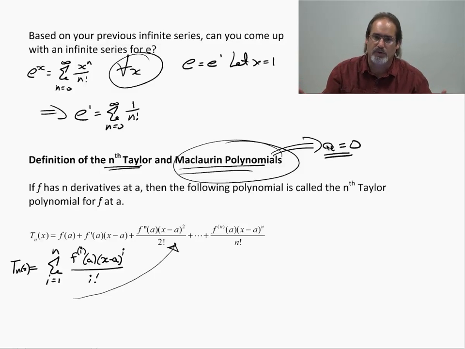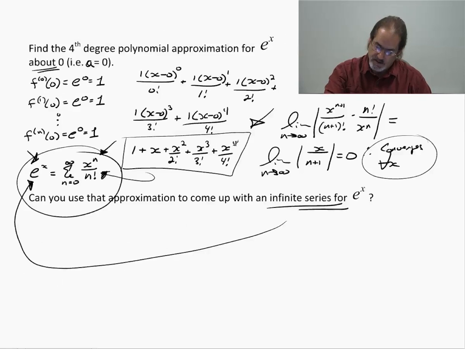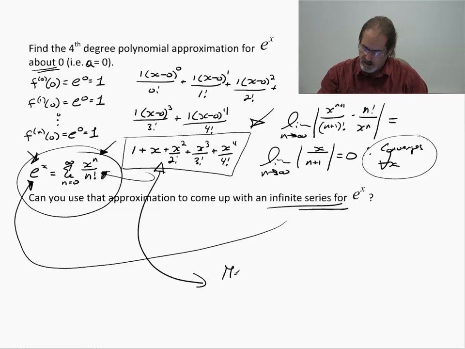That's really all a Maclaurin series is. It expands about 0. Earlier we did one, e to the x. This right here is actually a Maclaurin polynomial for e to the x.